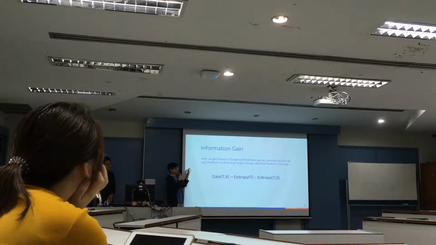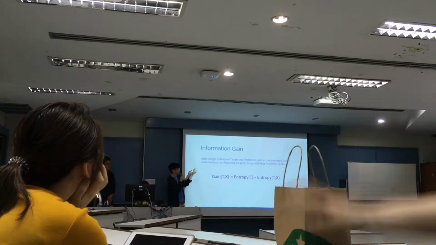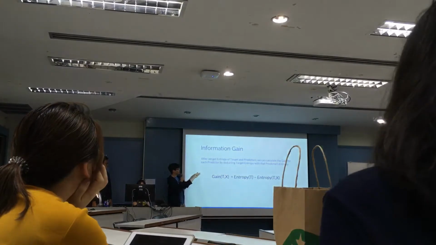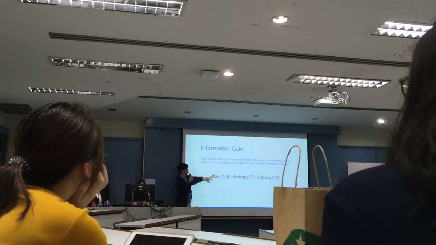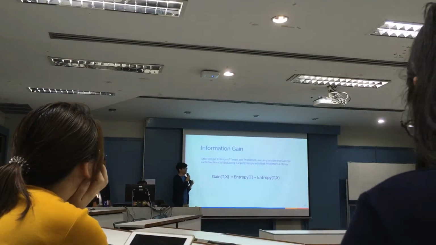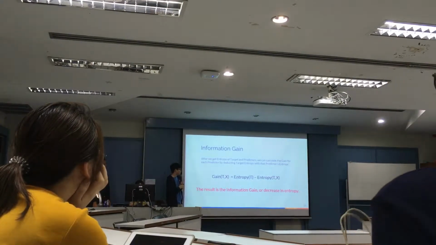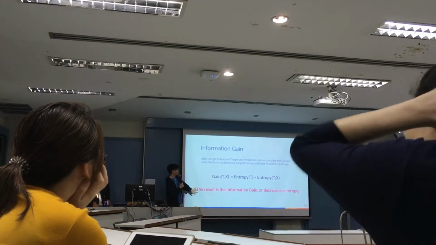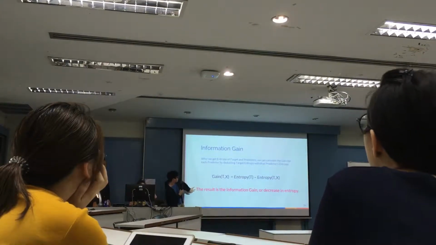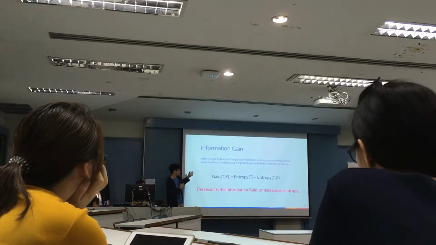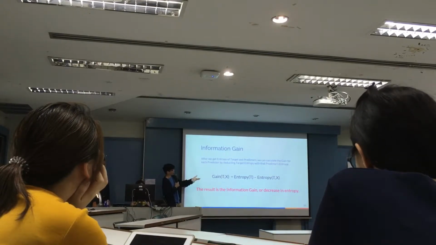Then after we get the entropy of the target and the predictors, we can calculate the information gain by simply subtracting the entropy of the predictor from the entropy of the target, and the result will show how effective that predictor is in relation to the target.